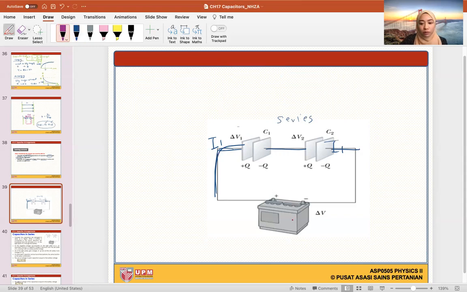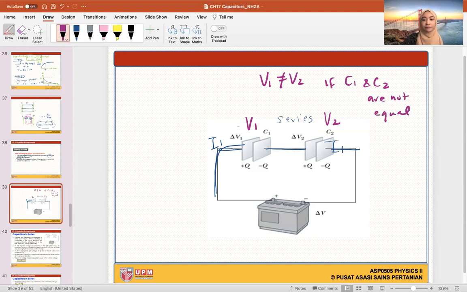So what about voltage? C1 and C2 will not have the same voltage, but they will have V1 and they will have V2. V1 and V2 are not the same if C1 and C2 are not equal. Okay, bear with me first.